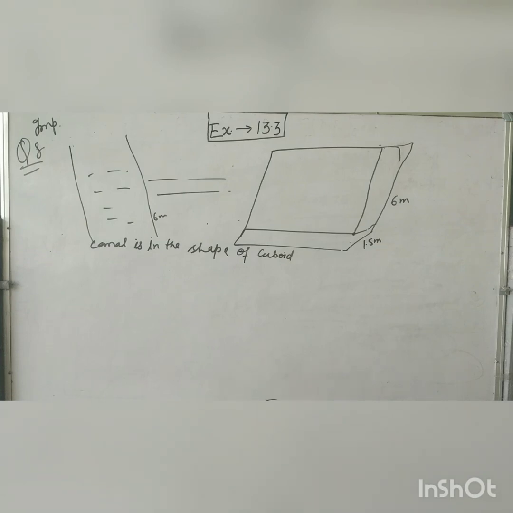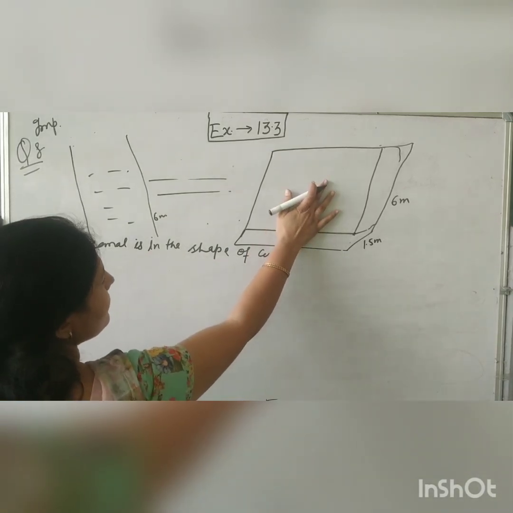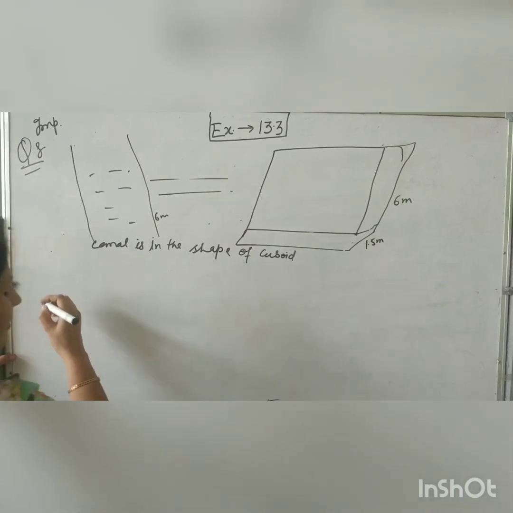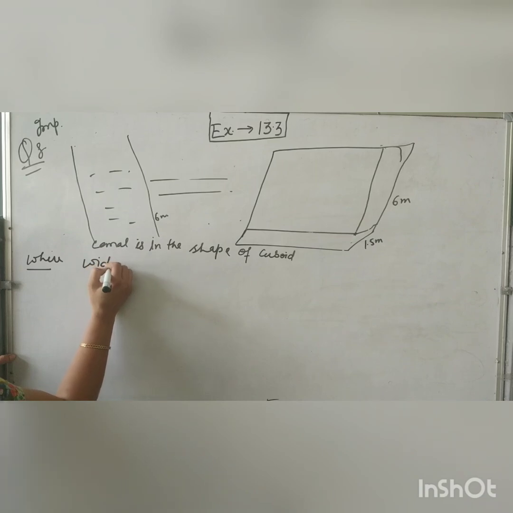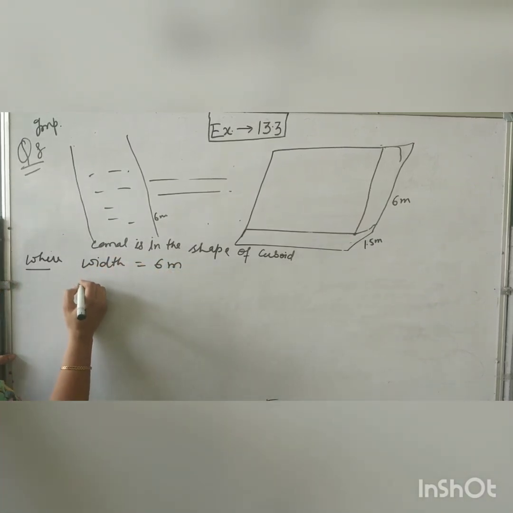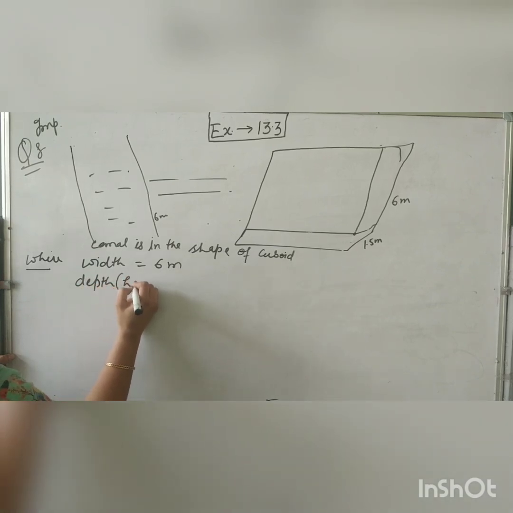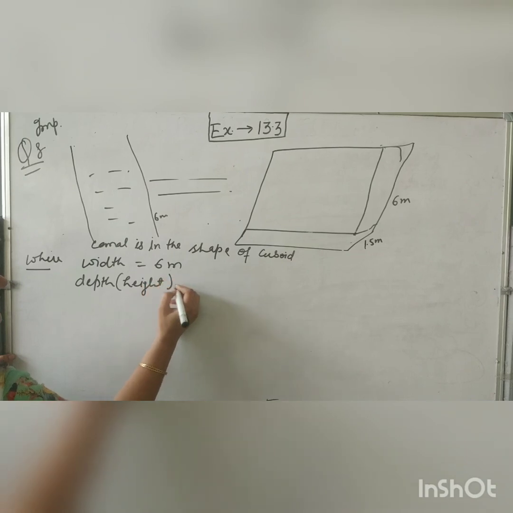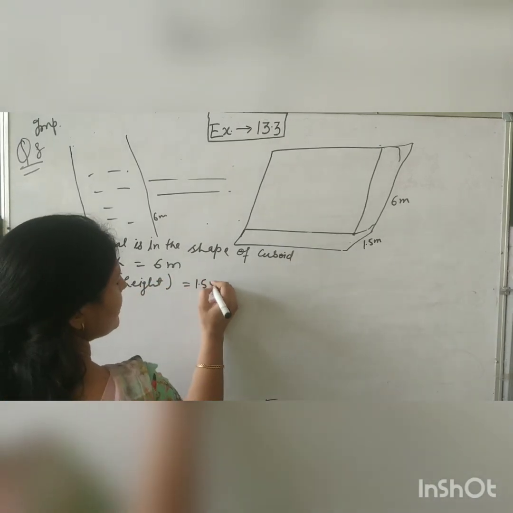Now, and the speed is given. Canal is in the shape of cuboidal form. Okay, so width is equal to कितना given है हमें 6 मीटर and depth, what is depth means height of cuboid, is given, which is equal to 1.5 meter.